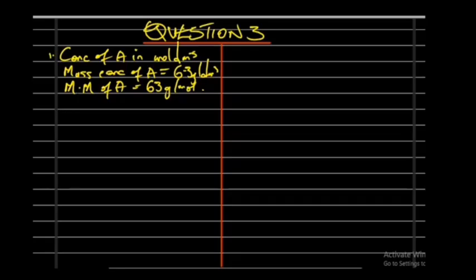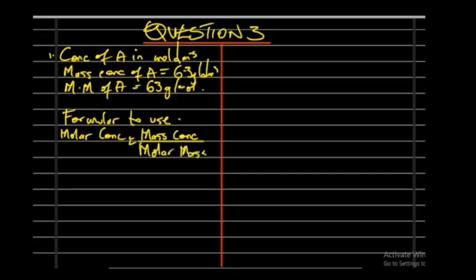So having that, the formula to use now, we have molar concentration equals mass concentration divided by molar mass.